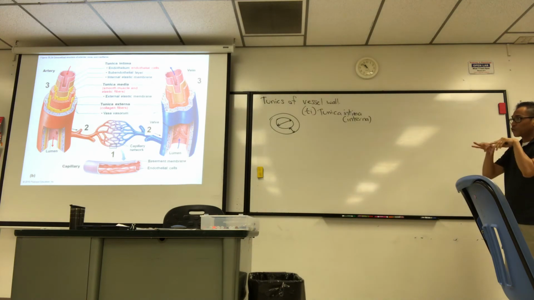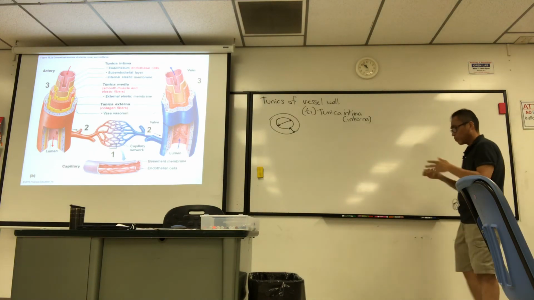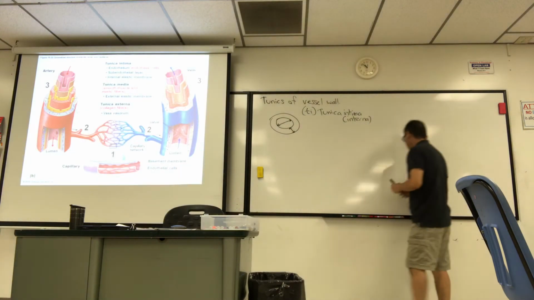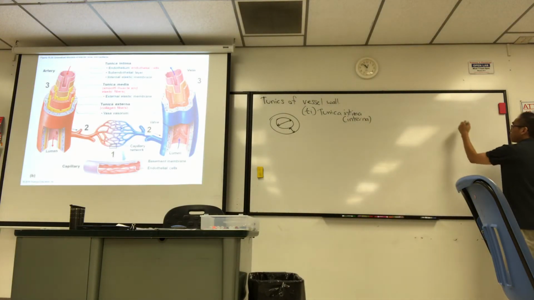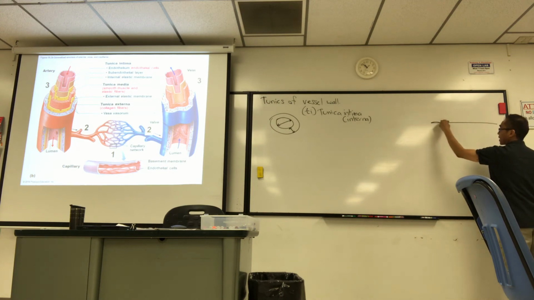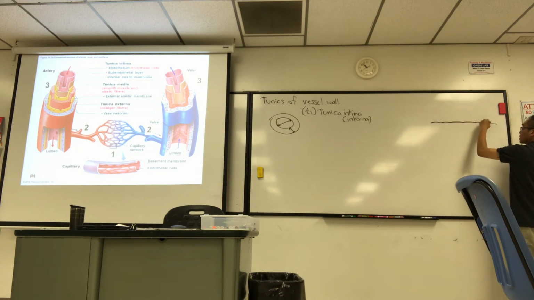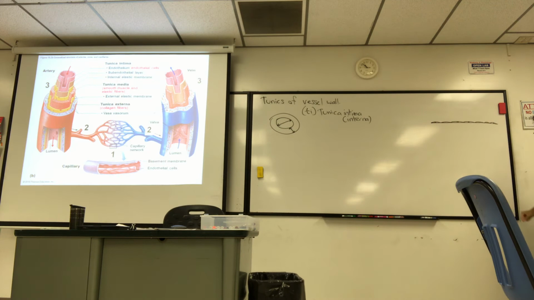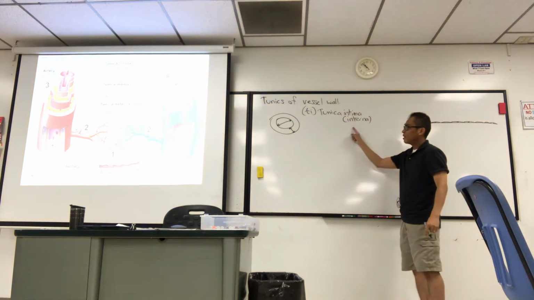And if I could draw all the cells more in a wall and not so much in a circle. The endothelial cells that line the tunica intima are flat and squamous. So we categorize it as simple squamous ET, but we call it endothelial cells or endothelium. That's the main thing of the tunica intima.